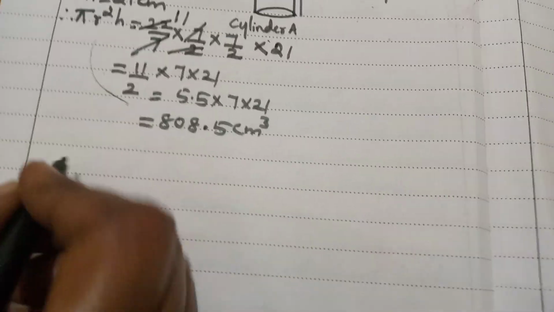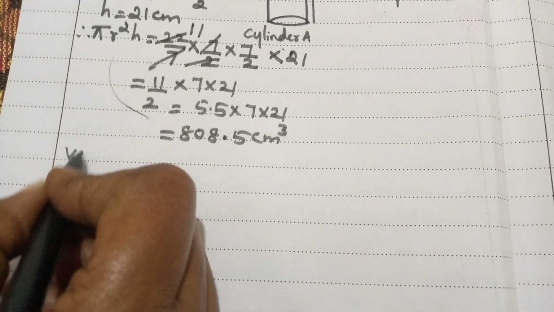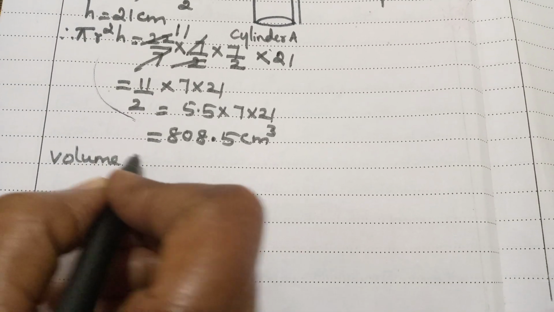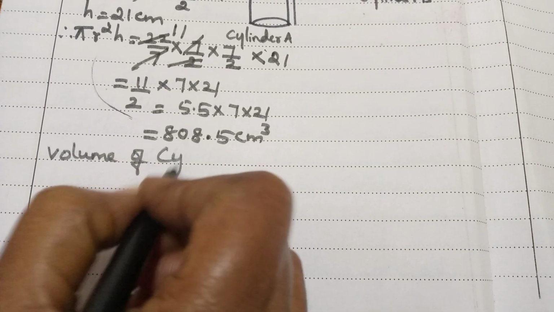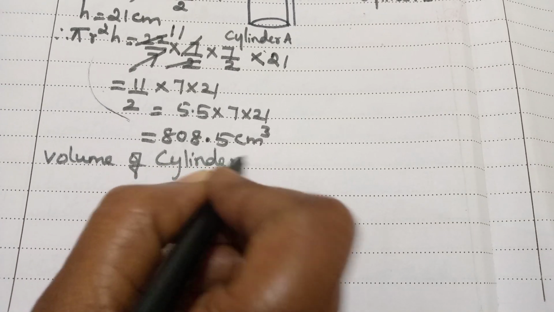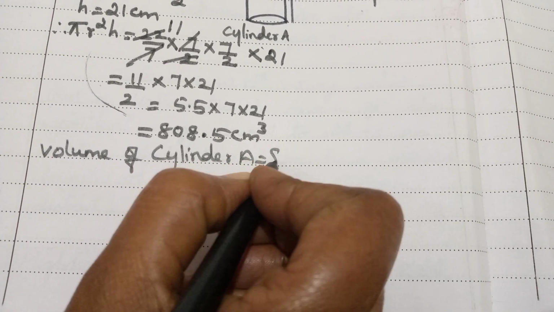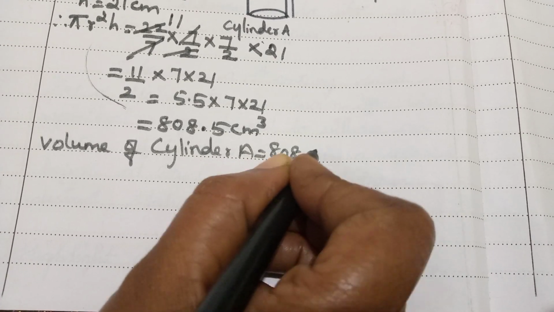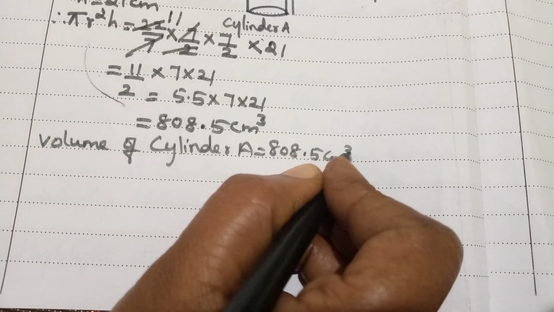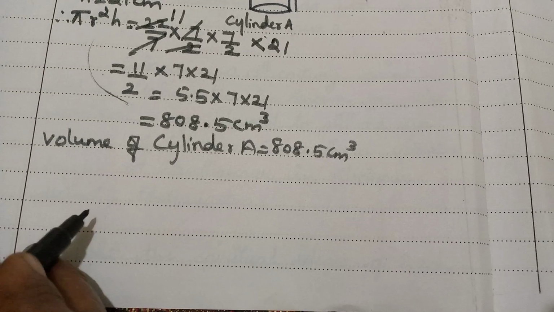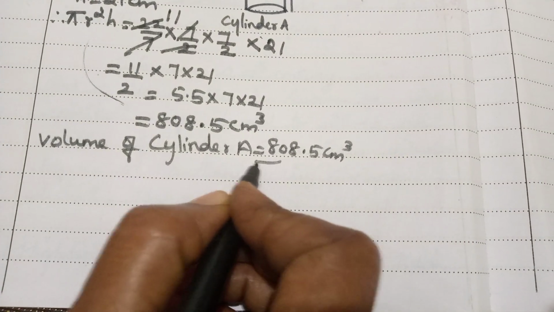Okay, volume of cylinder A is 808.5 centimeter cube.